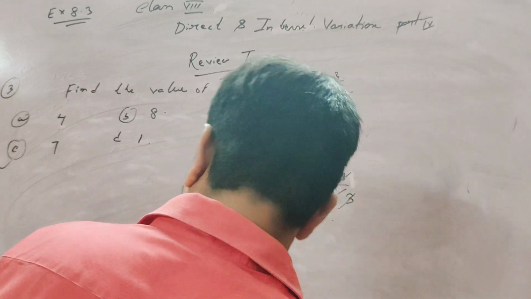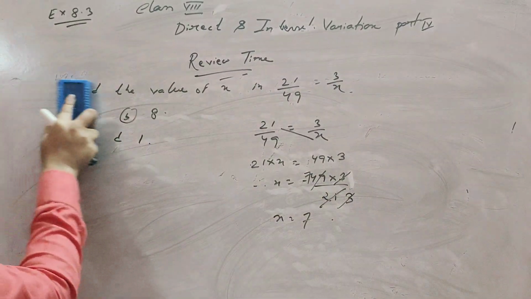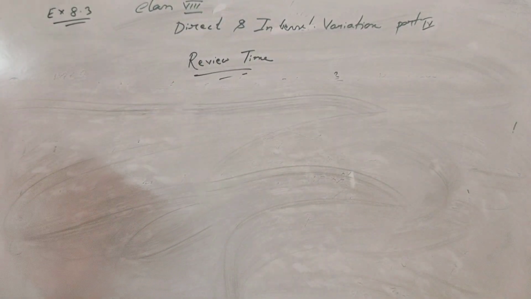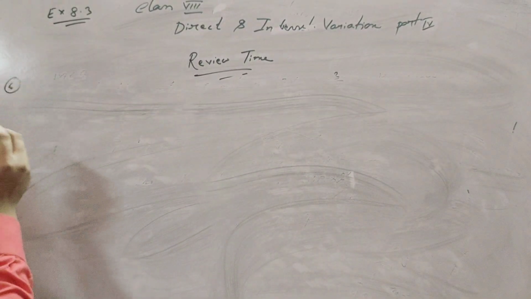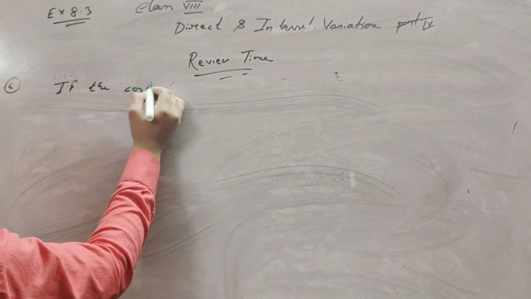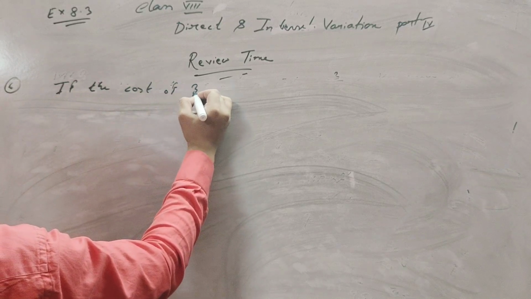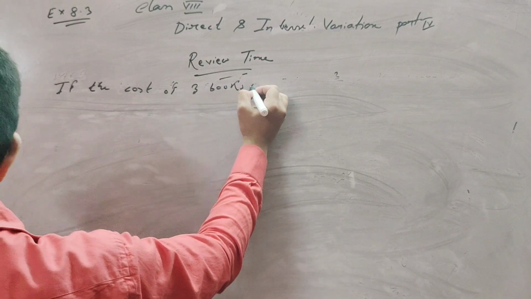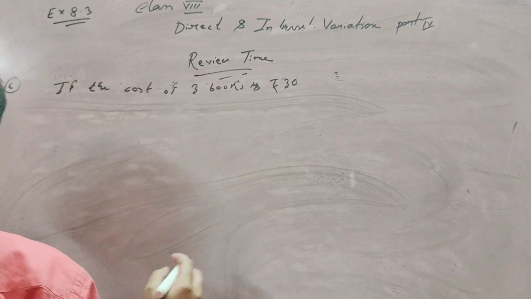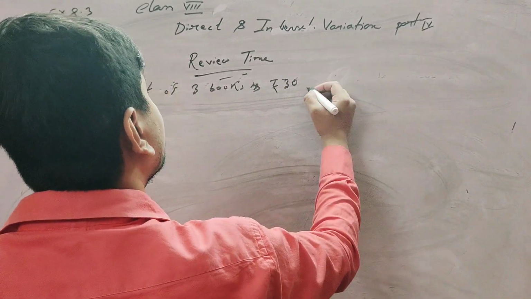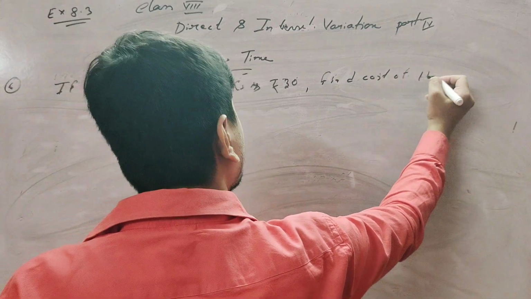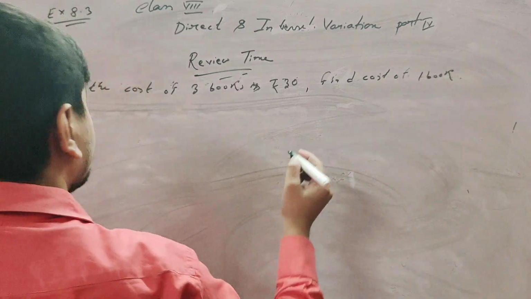Question number 6. If the cost of 3 books is rupees 30, find the cost of 1 book.